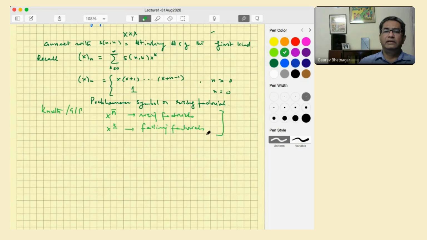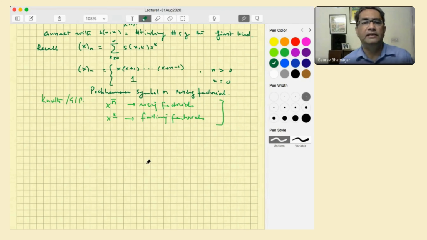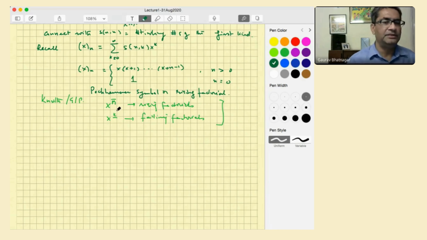And I'm not sure, Wilf also might be using these things. So they were friends, I guess. But this is not standard. This one is standard. In fact, this has come from the special functions world, so it has been around for many years. But this other one is in the combinatorial world. But these two objects are essentially the same.